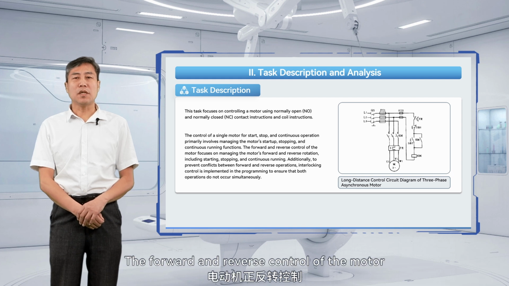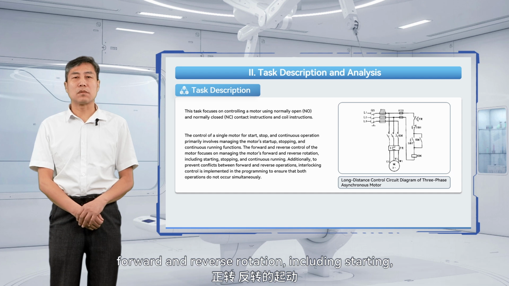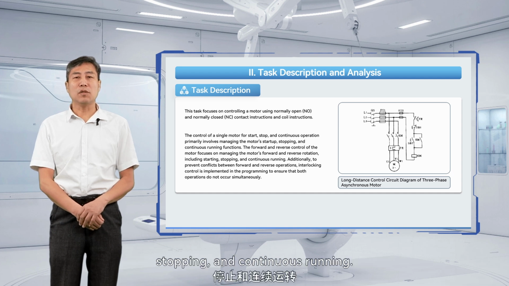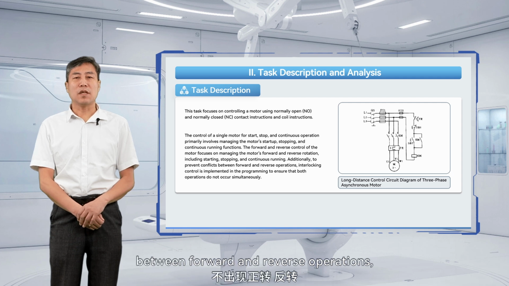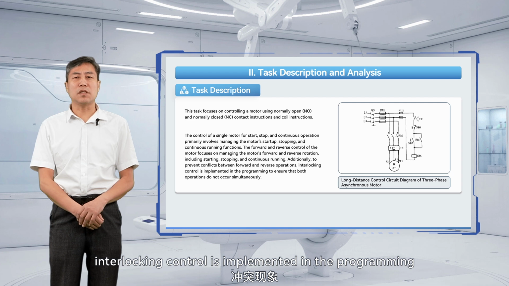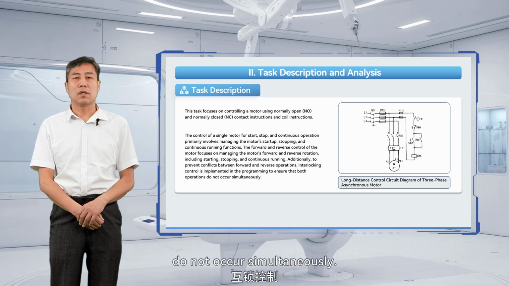The forward and reverse control of the motor focuses on managing the motor's forward and reverse rotation, including starting, stopping, and continuous running. Additionally, to prevent conflicts between forward and reverse operations, interlocking control is implemented in the programming to ensure that both operations do not occur simultaneously.